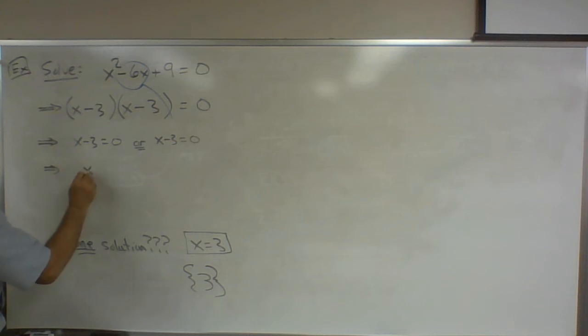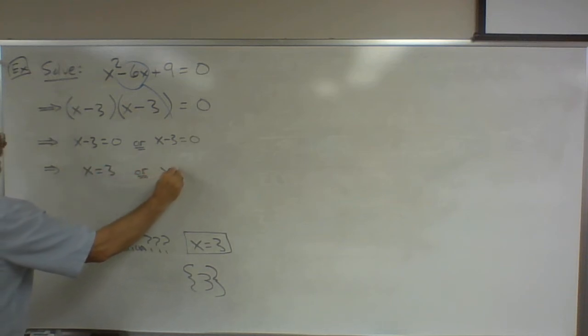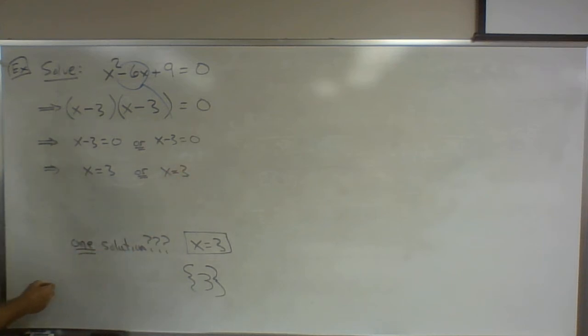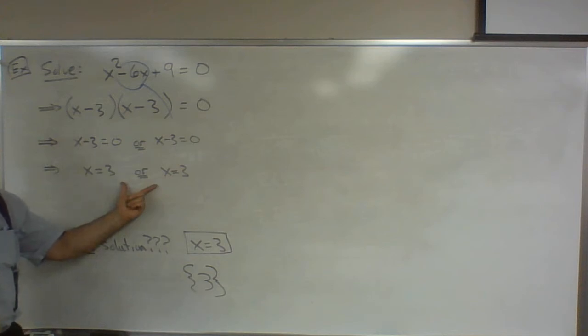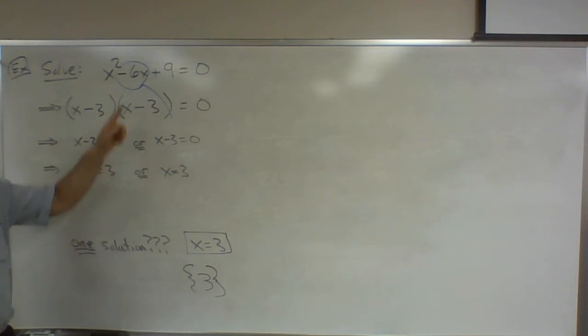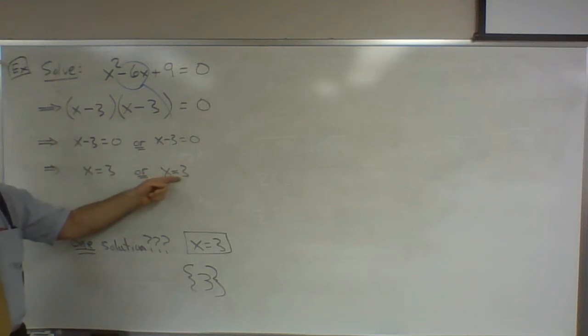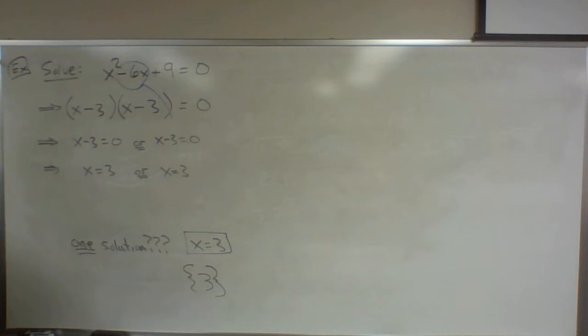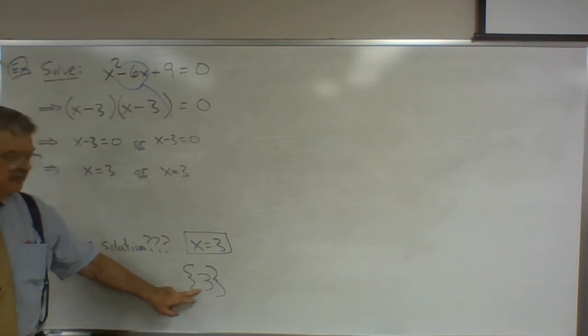And that gives us x equals 3 or x equals 3. And here's why we only get one solution. When we factored the left-hand side of the equation, the factors were identical. Each factor gives us the same solution, x equals 3. So we end up with one solution.